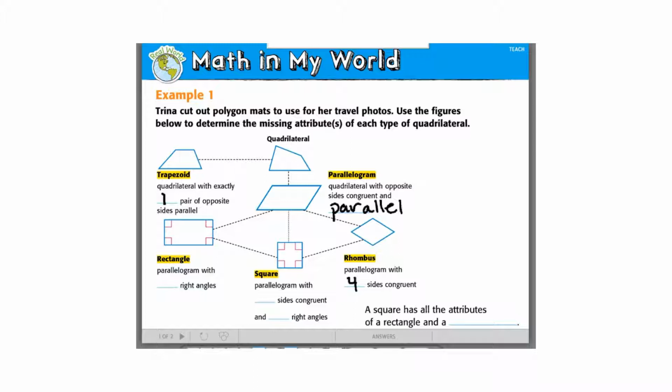What number will I write in there? Hamza. 4 and 4. Because all 4 sides have to be congruent and all 4 angles have to be right angles. Now a rectangle is a parallelogram with how many right angles? 4.